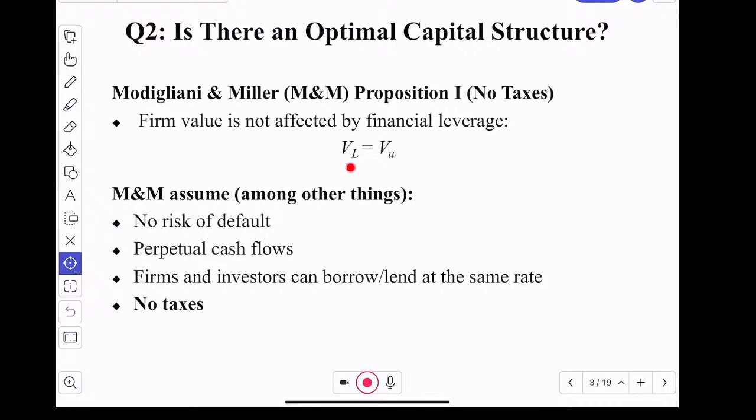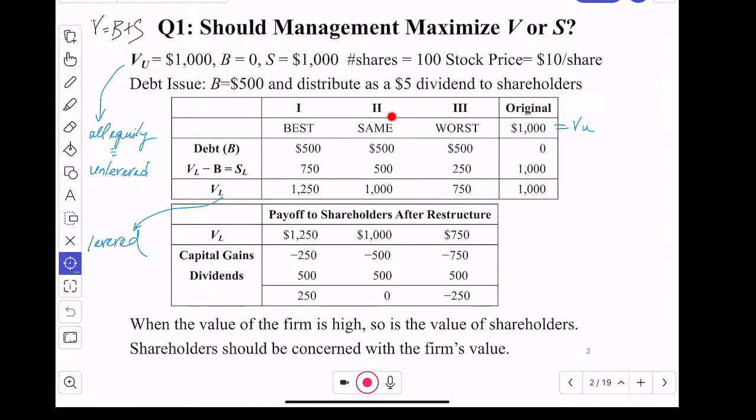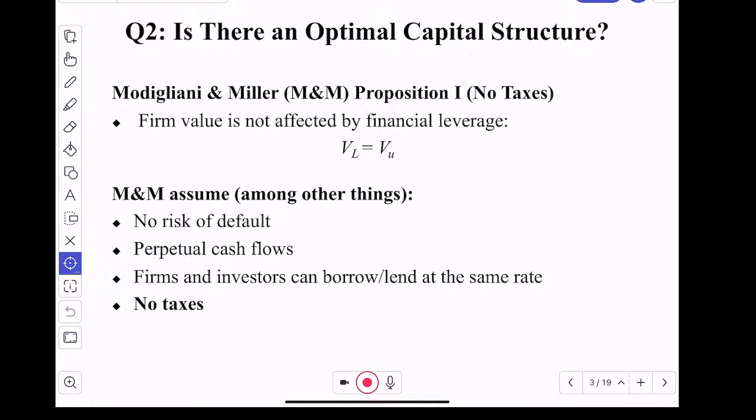Here the levered firm has the same value as the unlevered firm. It's the only way to get that result with several assumptions. This is known as Modigliani and Miller's Proposition 1, and I do believe they won a Nobel Prize for this work.